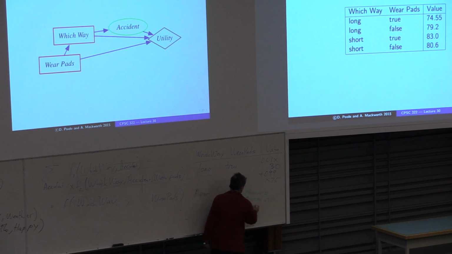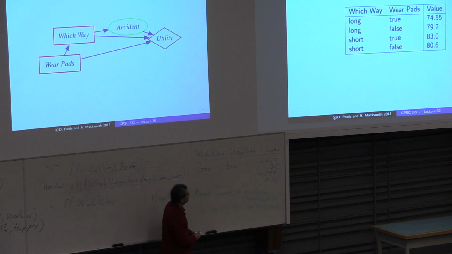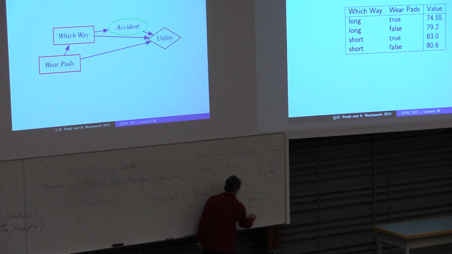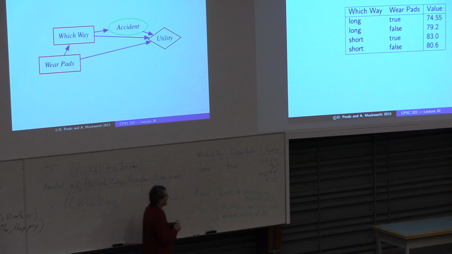And the expected utility is 83. Because summing out all those other variables just gives us the expected value. It's just the sum of the probabilities times the utilities.